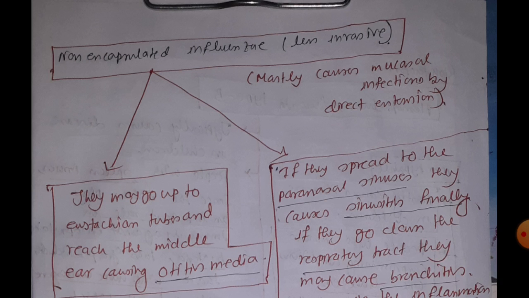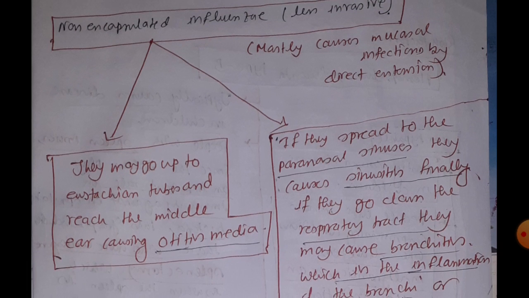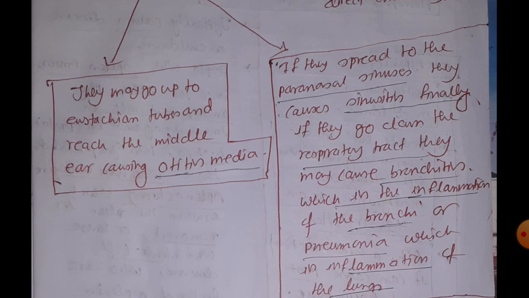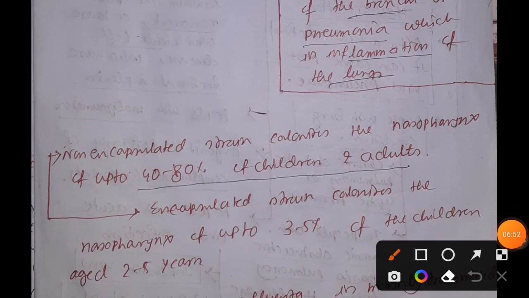And they can also go down to the respiratory tract, where they can cause bronchitis, that is the inflammation of the bronchi, and pneumonia, that is the inflammation of the lung.